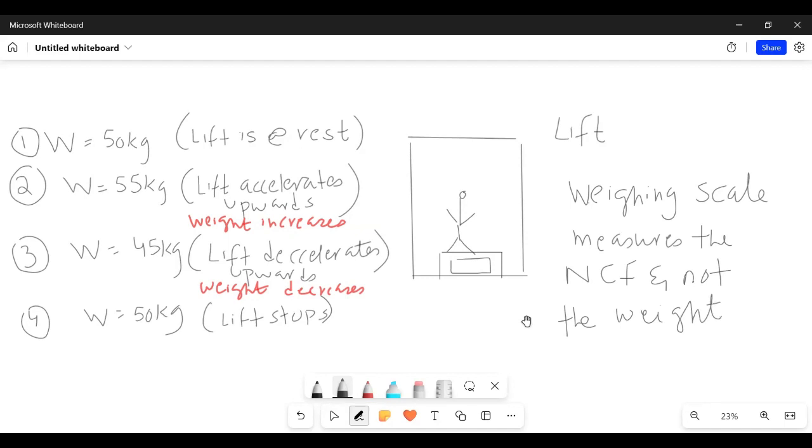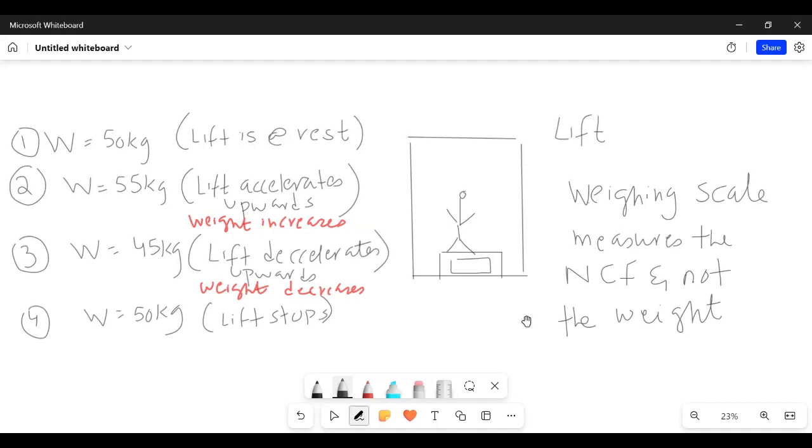They're the same thing, exactly the same, if the lift is at rest. But when the lift is not at rest, it's not going to be the same as the weight. Its value will change. We'll see why. So the weighing scale actually reads the normal contact force and not the actual weight.